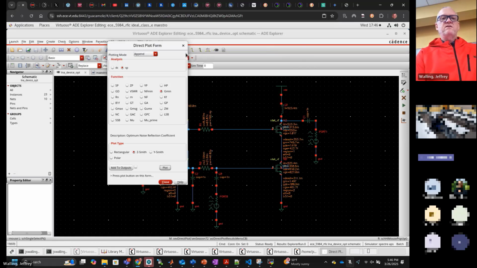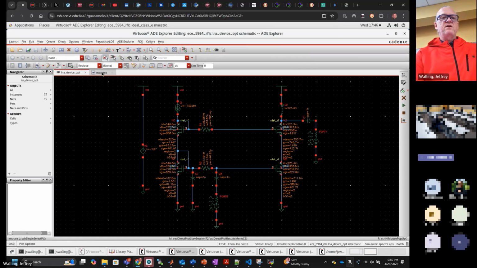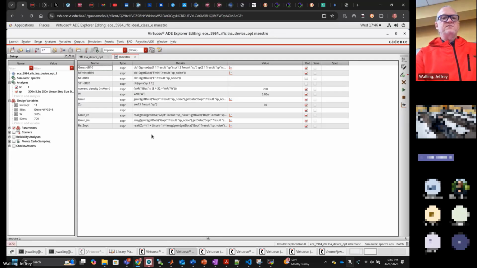Now you can also go in and write some equations. Here I've written an equation to get the characteristic impedance of the simulation, and then I find the real part of that Gamma-opt and the imaginary part of the Gamma-opt, and then I write an equation to find the real part of the impedance.